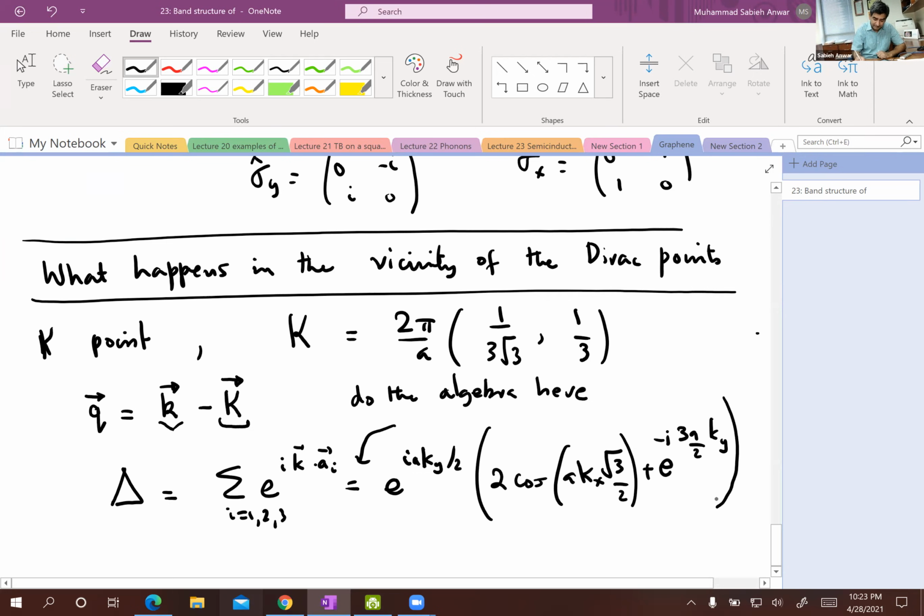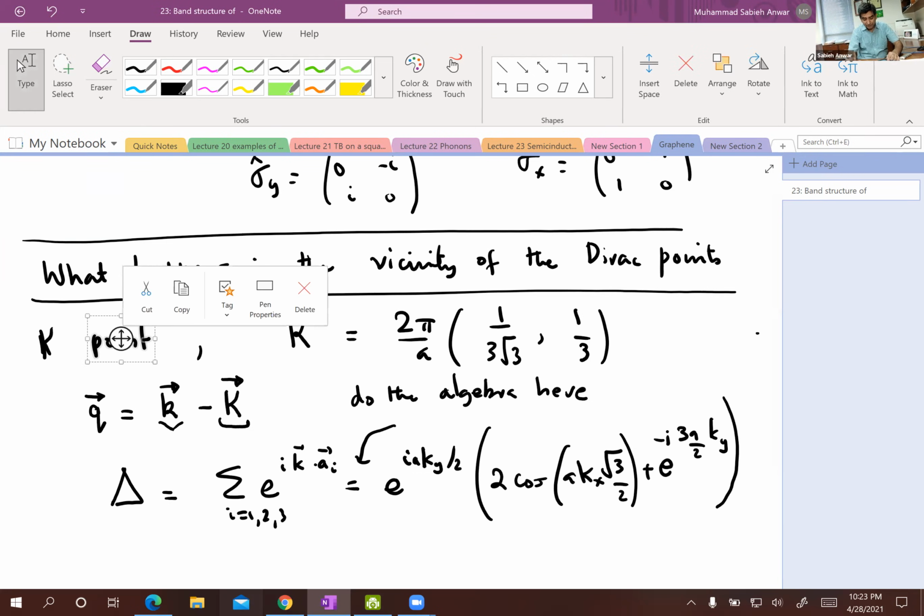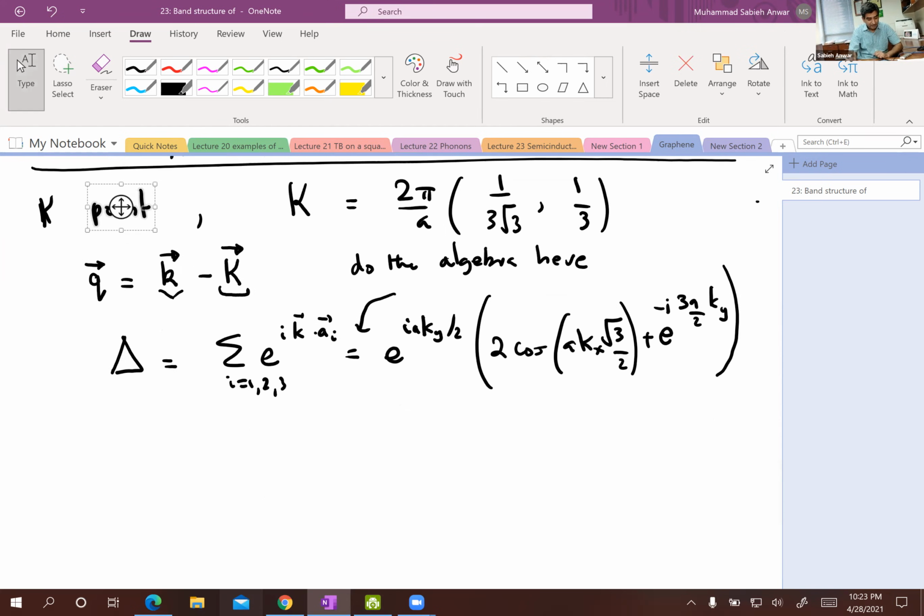This is my delta. Now, I could use the Taylor series expansion and find out what this function looks like in the vicinity of capital K. So in order to do that, I would need to find out the gradient of this function. So I need to find out this term, and I need to find out this term.